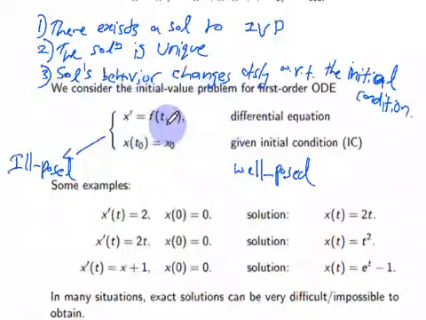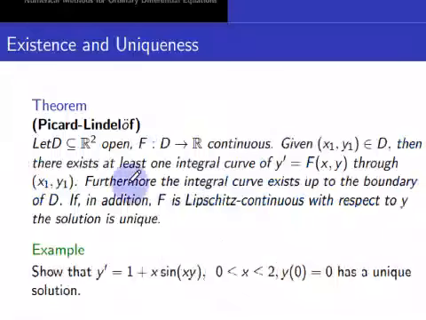There exists a solution to this system. However, and I want to mention this one here: if furthermore, up to the boundary of D, f is Lipschitz continuous with respect to y, then the solution is unique.